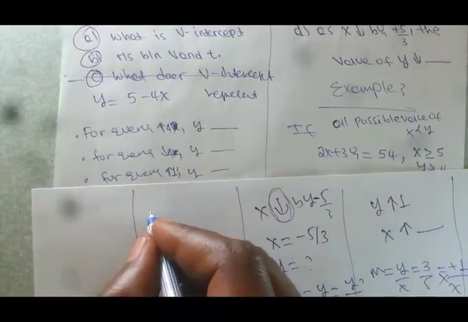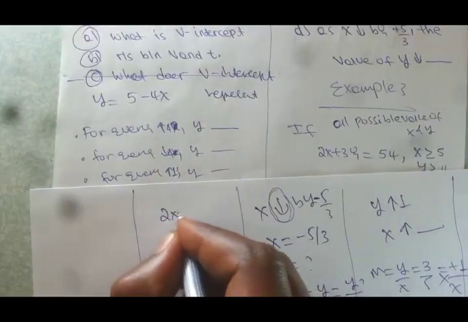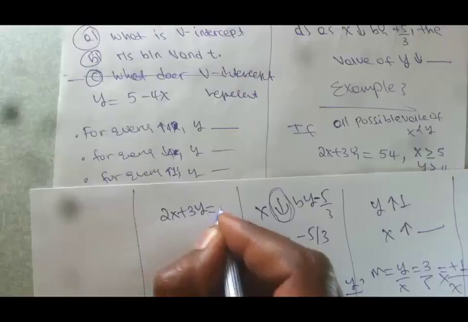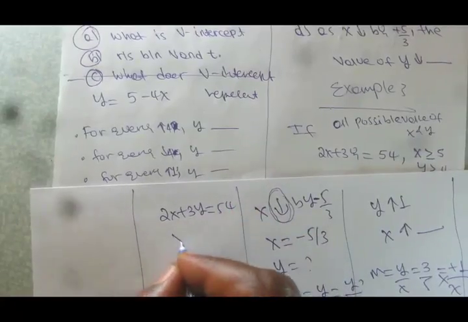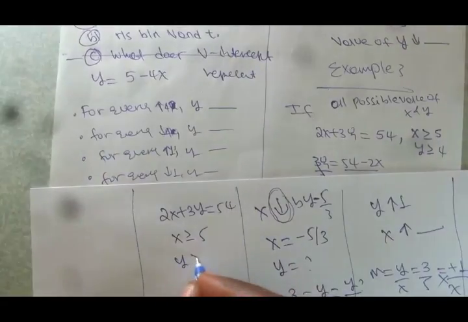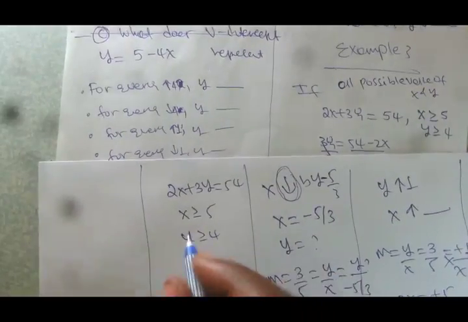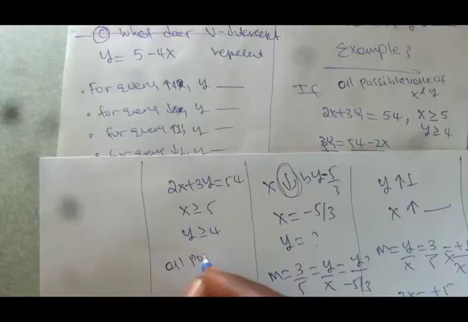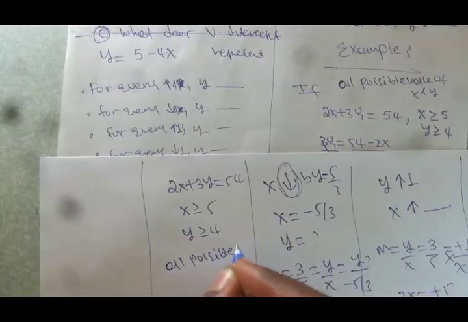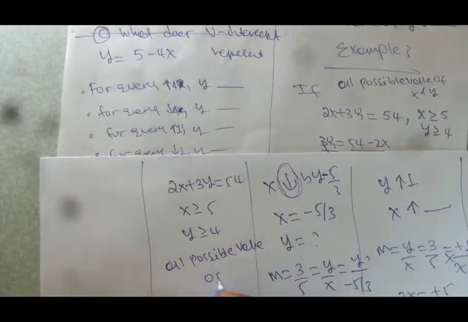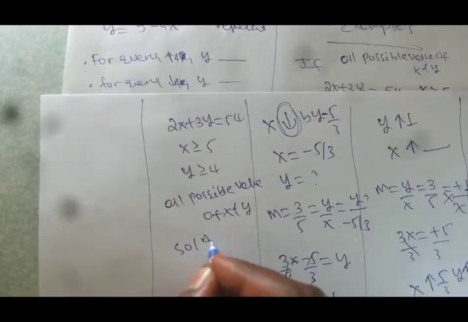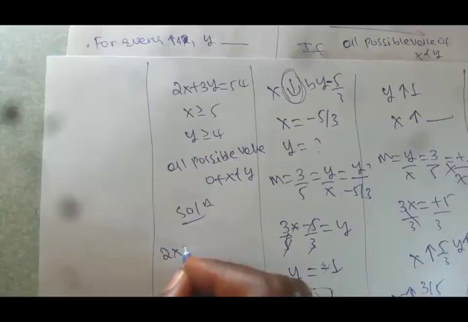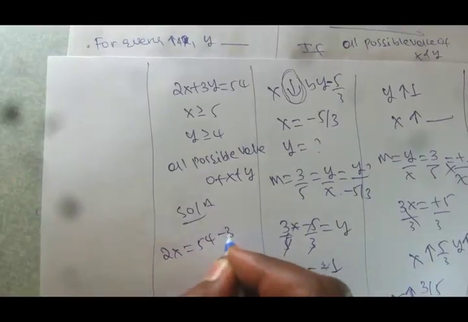And example 3 is given: if 2x plus 3y is equal to 54, and we are given x is greater than or equal to 5 and y is greater than or equal to 4, we are asked to find all possible values of x and y. Solution: from the first equation, 2x is equal to 54 minus 3y.